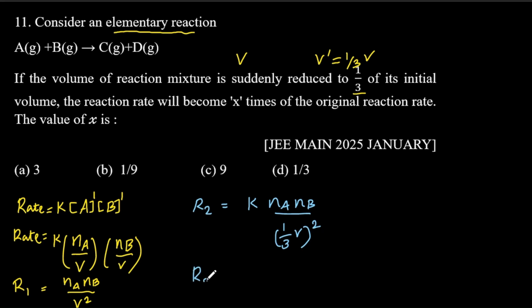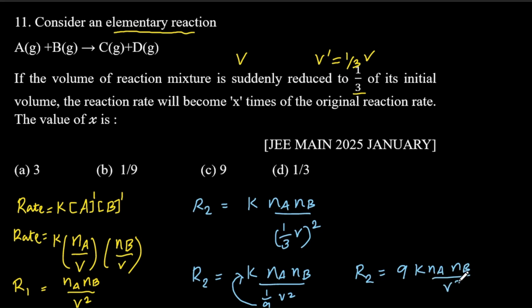When you take the square, K Na Nb divided by 1/3 squared will become 1/9 V square. This 9 is the denominator of the denominator, so when it goes to the numerator, we get R2 equal to 9 K Na Nb divided by V square.